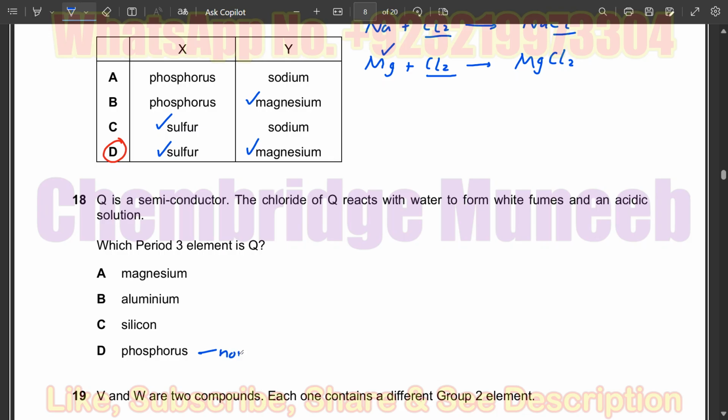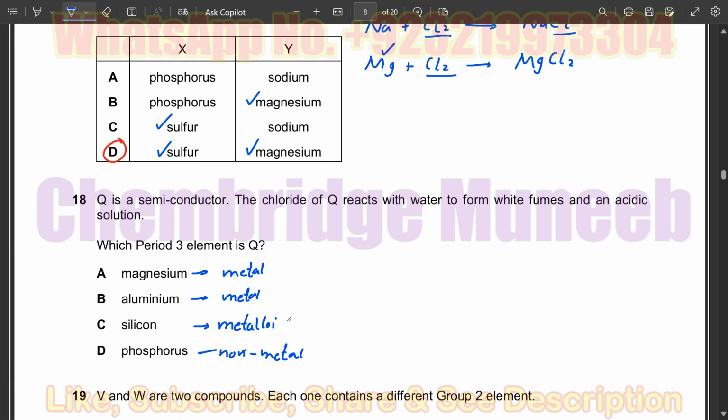Phosphorus is a non-metal. Magnesium is a metal, aluminium is a metal. So only silicon is called a metalloid, which you studied in O levels as well.